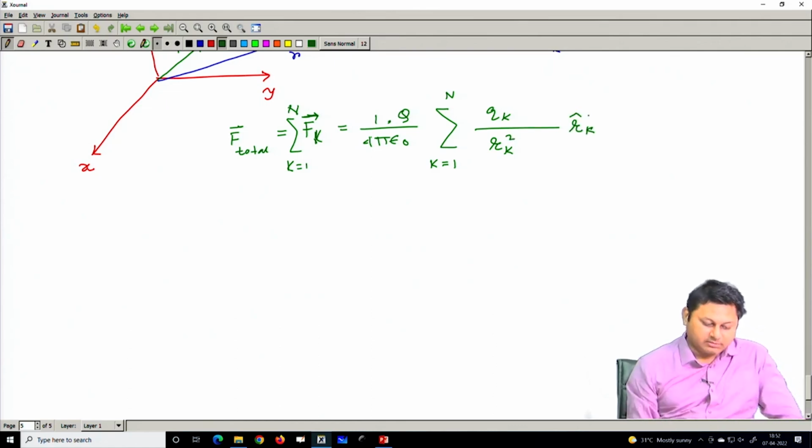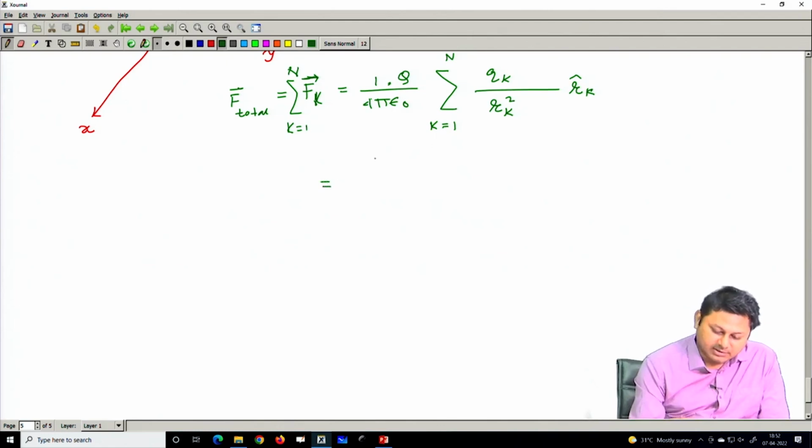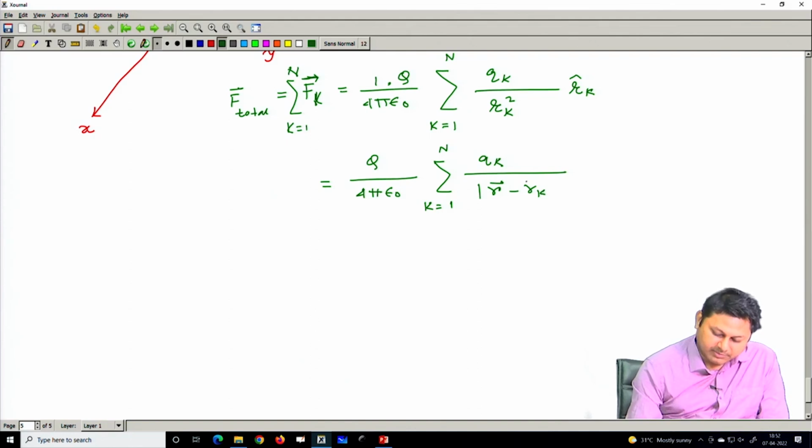Now, if I know the coordinates r k for all the point charges, I can write this as q divided by 4 pi epsilon 0 and then the sum over q k, k goes from 1 to n for all charges, divided by the magnitude of r minus r k cubed, times r minus r k.